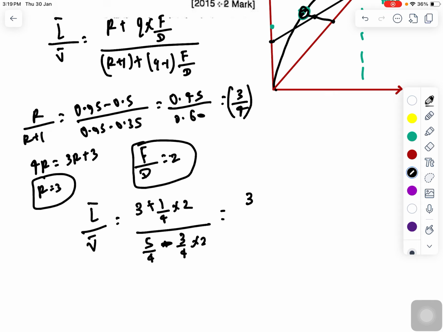So that equals 3 plus 0.5 divided by minus 1 divided by 4, so that equals minus 4 multiplied with 3.5, which is minus 14. So the slope is minus 14.